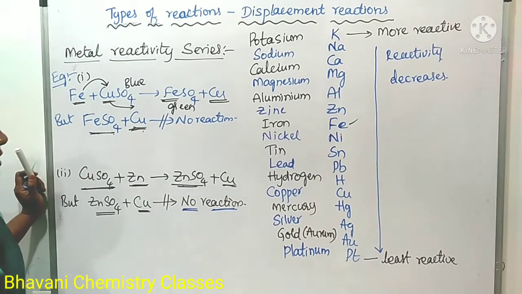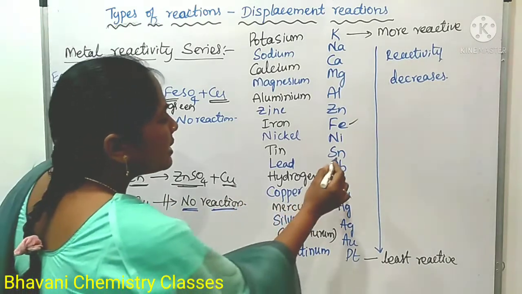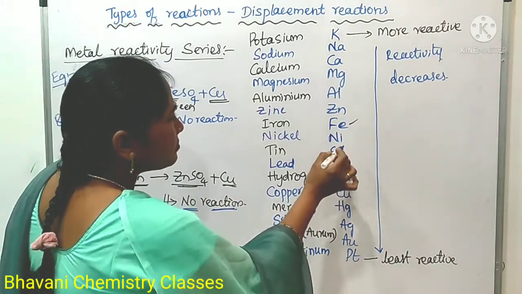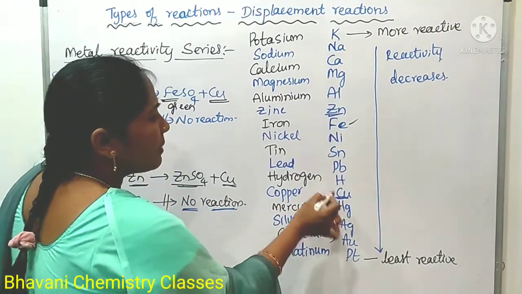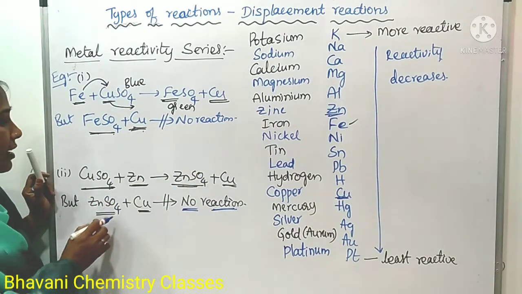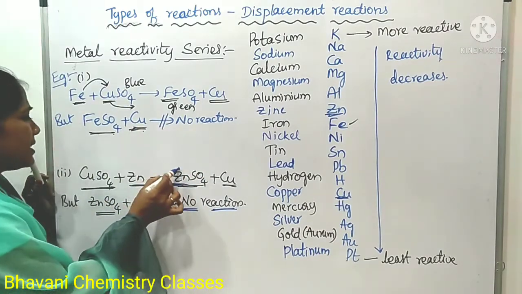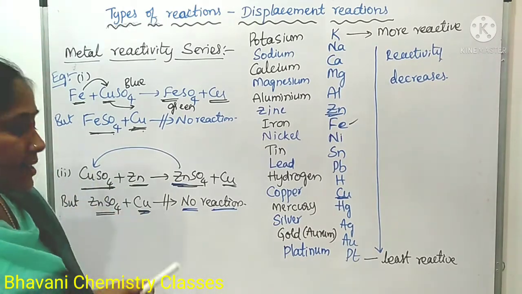Again for the same reason. Where is the zinc and where is the copper? Here is the zinc, and here is the copper. Copper is below zinc, which means zinc is more reactive than copper. That is the reason zinc displaces copper, but copper cannot displace zinc.